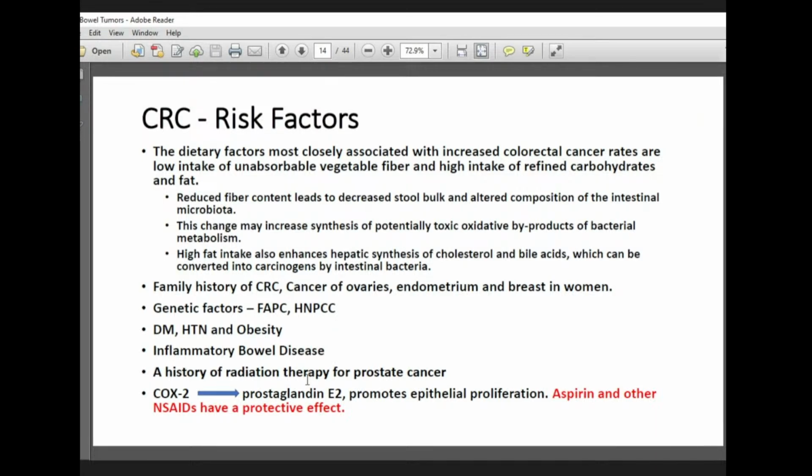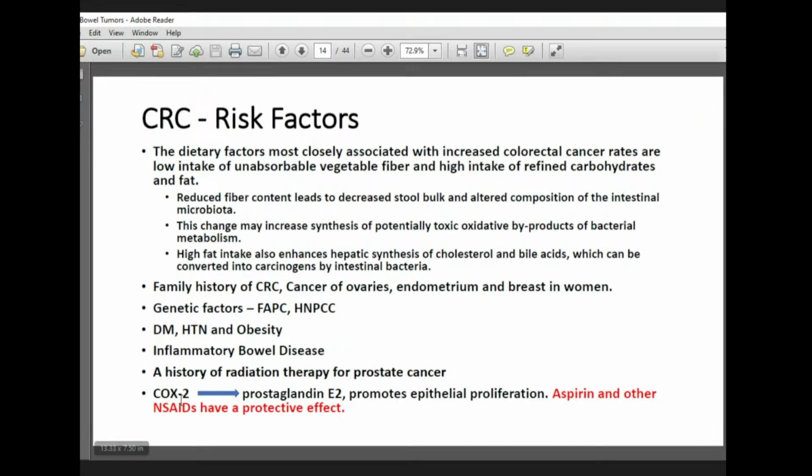A history of radiation therapy for prostate cancer or any other intra-abdominal cancer, exposure to radiation, will lead to an increase. There is one mechanism, COX-2. This is the enzyme which leads to prostaglandin E2, and prostaglandin E2 promotes epithelial proliferation.